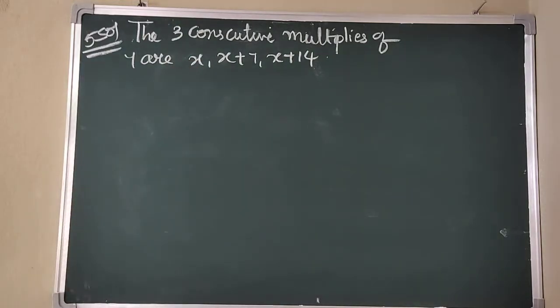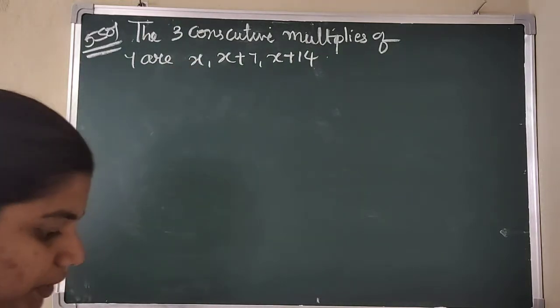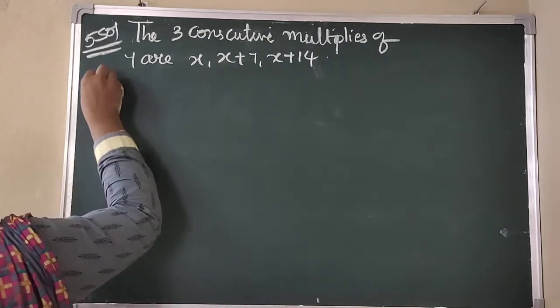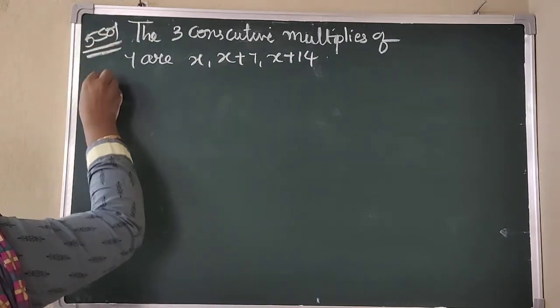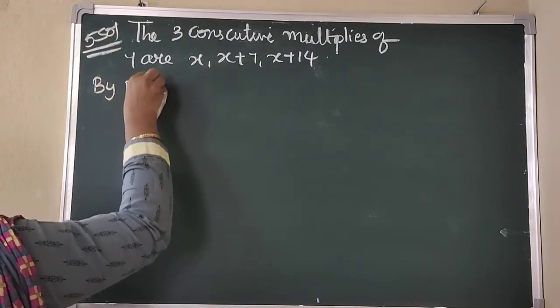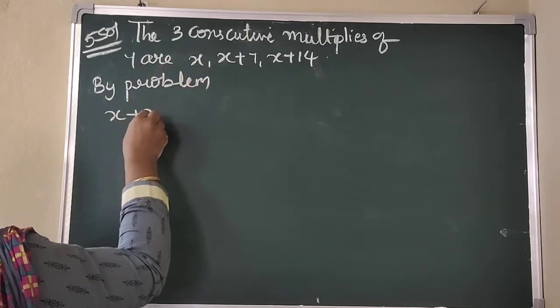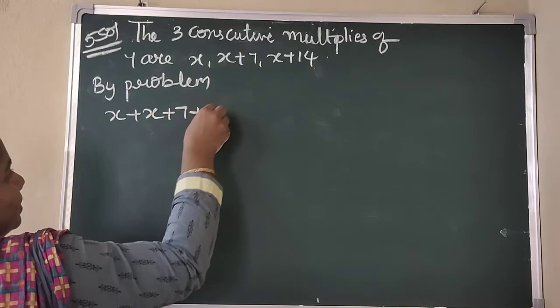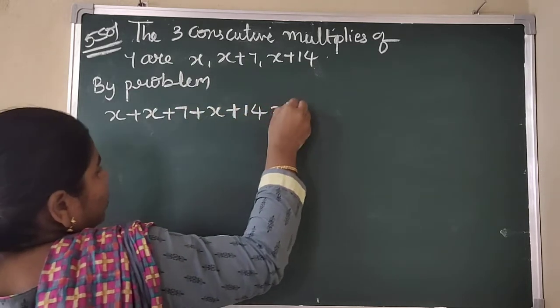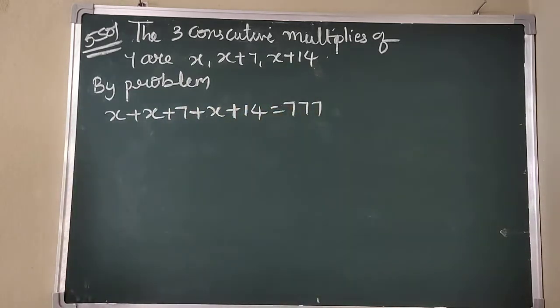Okay, so now if you add these 3, the result will be 777. So sum by problem: x plus x plus 7 plus x plus 14 will be equal to 777. If you add these 3 consecutive multiples, the result will be 777.